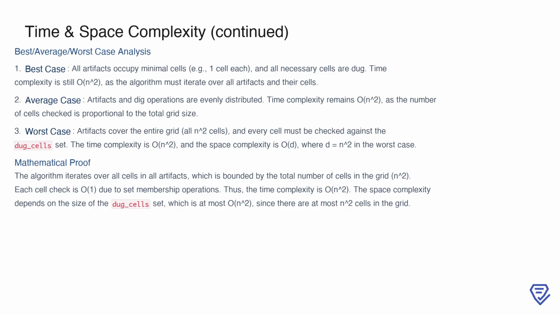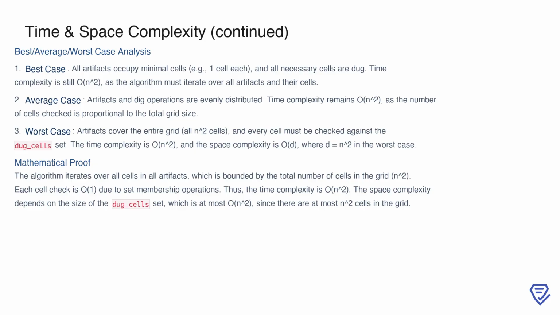In the worst case, the artifacts cover the entire grid, meaning all n² cells. Every single cell would need to be checked against the dug_cell set, and the set itself would also contain up to n² entries. In this scenario, the time complexity is O(n²), and the space complexity is O(d), where d equals n².